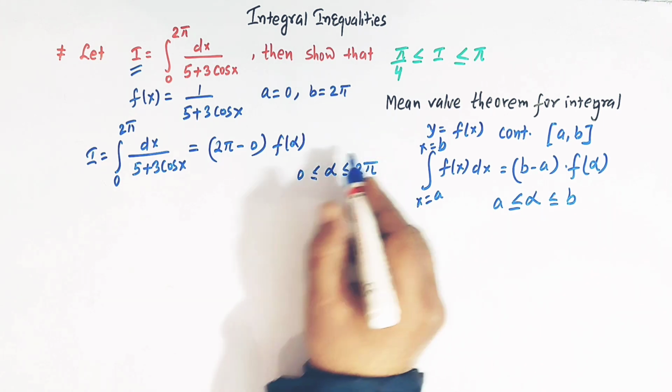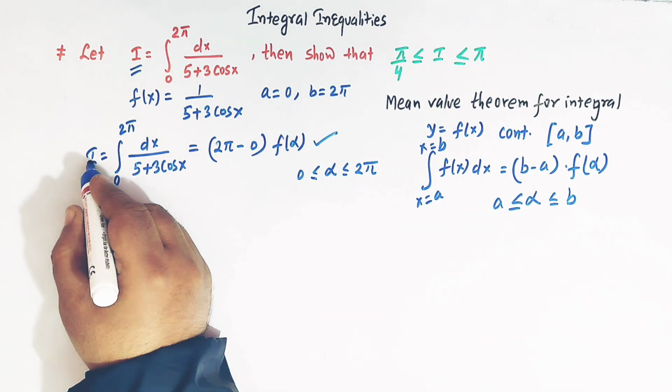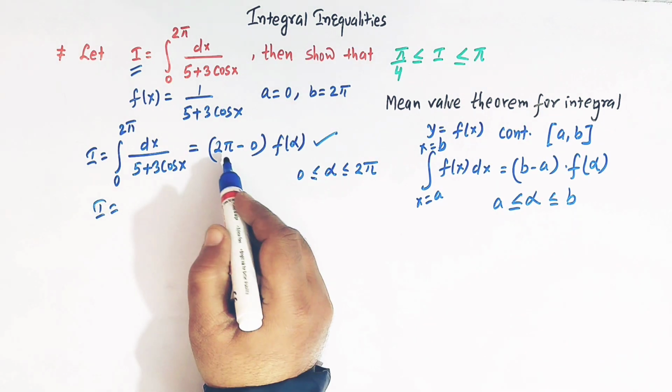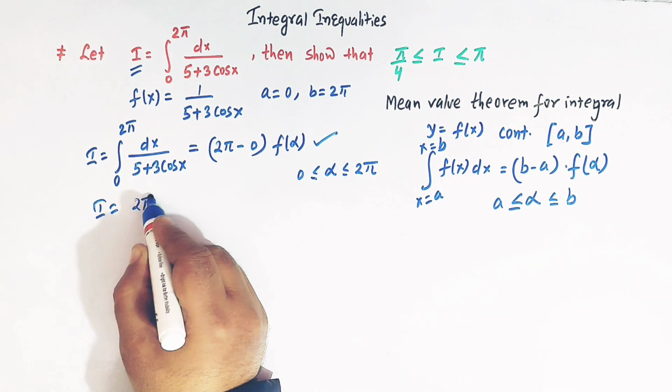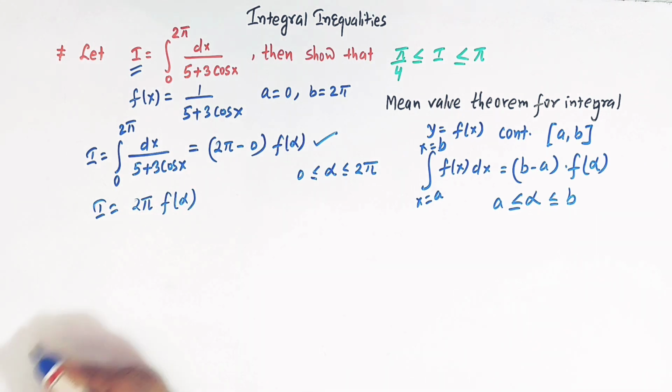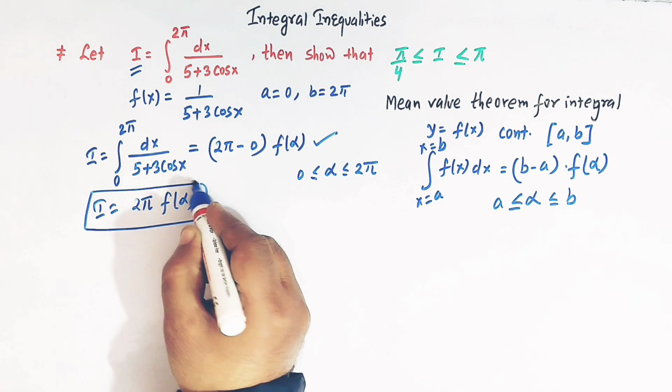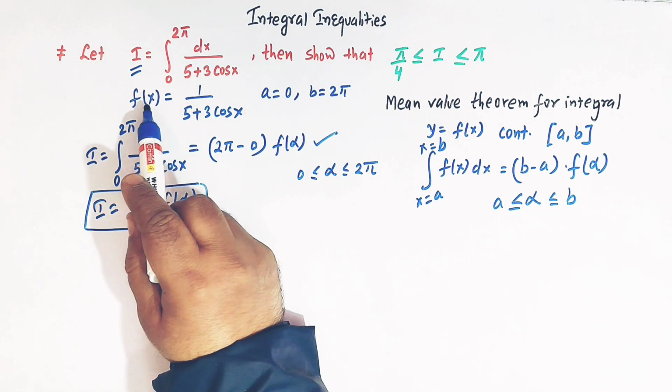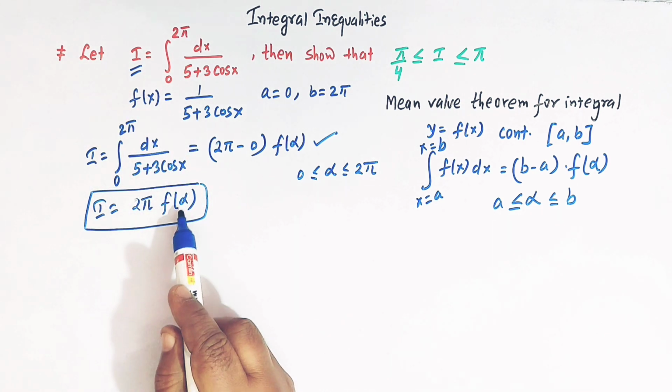So now we have this expression. We can write I, and here we have 2 pi minus 0 is 2 pi, and f of alpha, right? Now f of alpha can be written by replacing x by alpha.